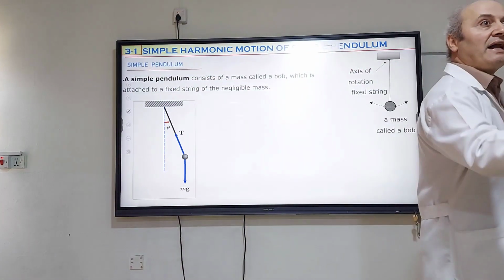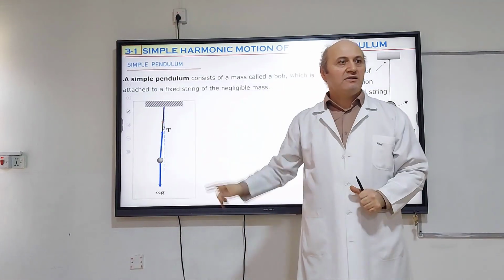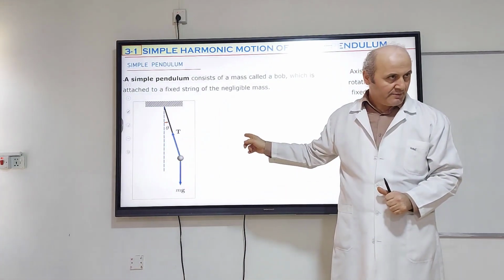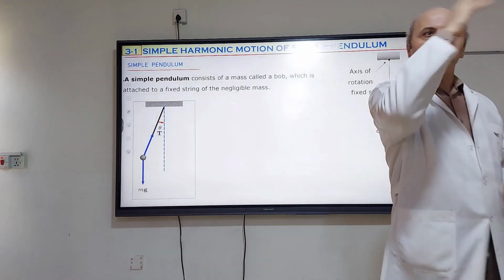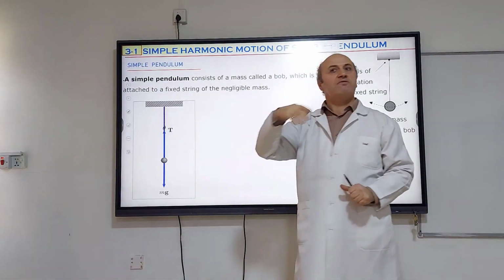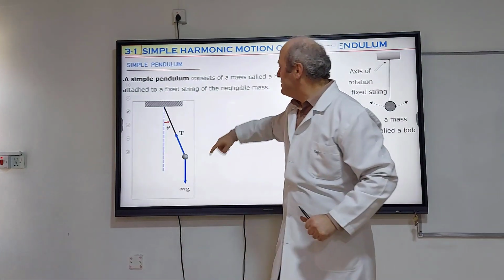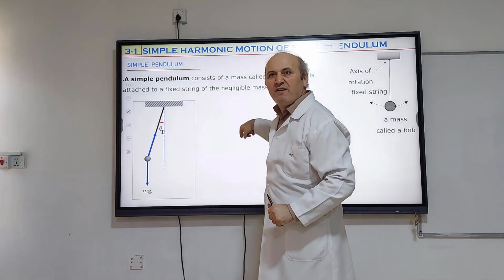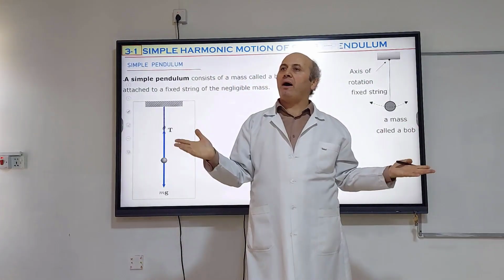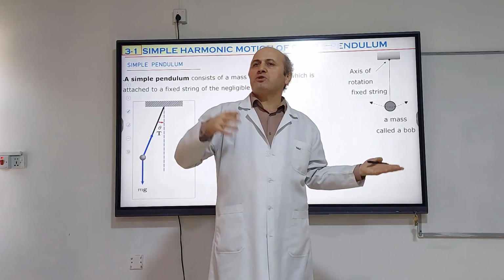In a physical pendulum you cannot neglect the mass of the rope, but in a simple pendulum you will neglect it. In a physical pendulum, air resistance must be taken into account, but here, because the mass is so small, air resistance will be neglected. In a simple pendulum we only care about this mass's vibration, without thinking about air resistance or rotational kinetic energy or other stuff.